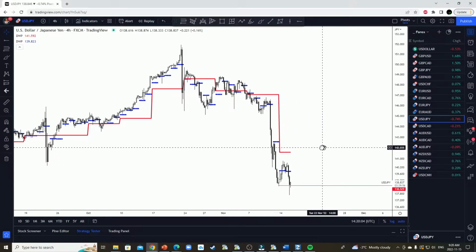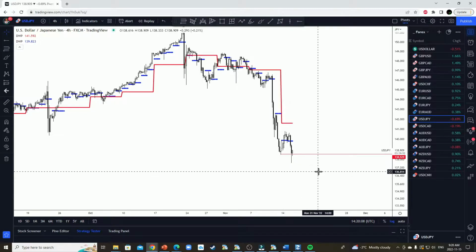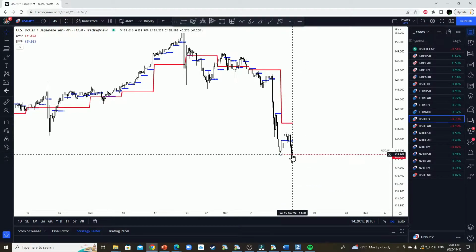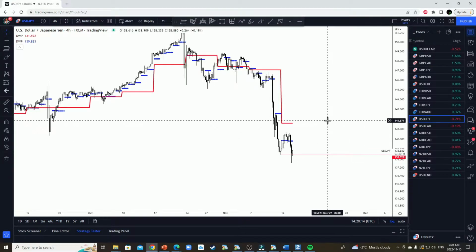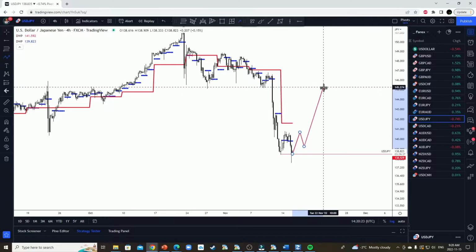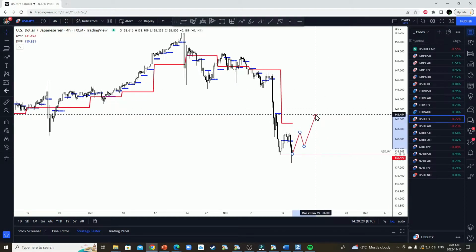So what this tells me is that we're not able to make a lower low, and so I decided to get out because this is a strong sign of rejection. What I think is likely to happen here is that we might get at least to there, and perhaps even higher. I don't know exactly where. I think worst case scenario is here, but it's probably going to be lower than that.